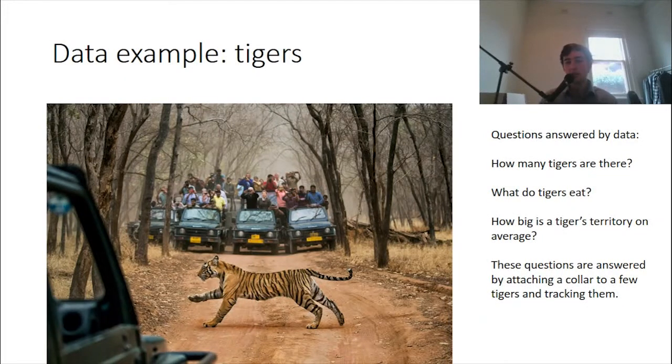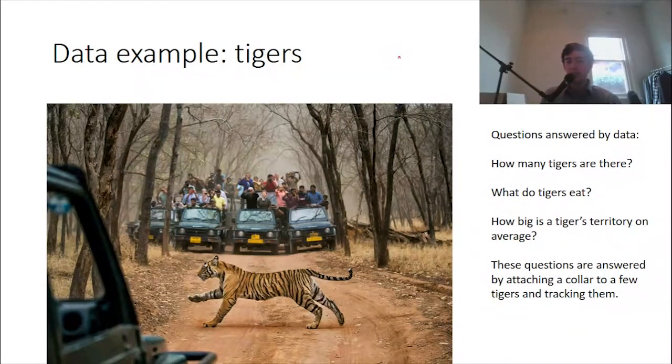So some questions that data can answer are: how many tigers are there in a country or an area? What do tigers eat? How big is a tiger's territory? Basically the places where it goes on average. So the way they answer these questions is they attach a collar to a few tigers, and they use the collar to track them to find out where they're going and what they're doing.